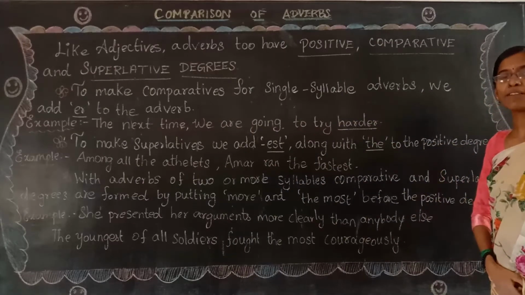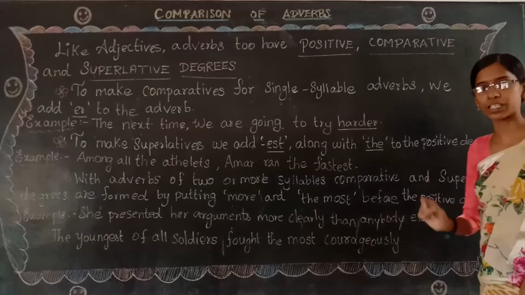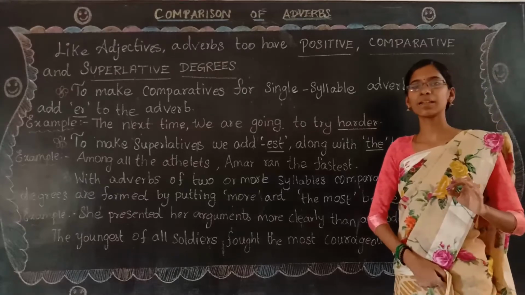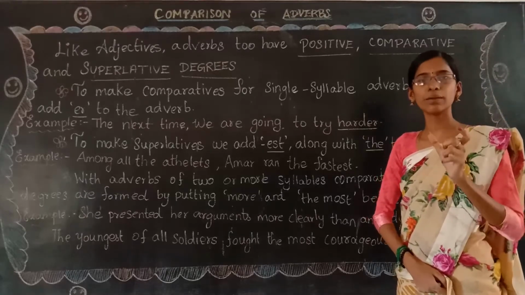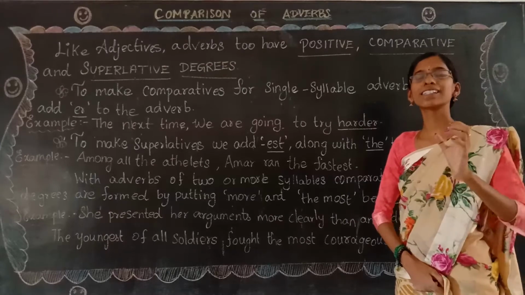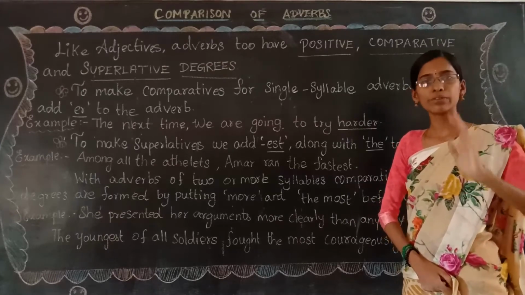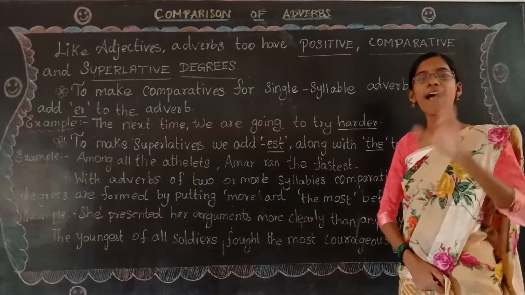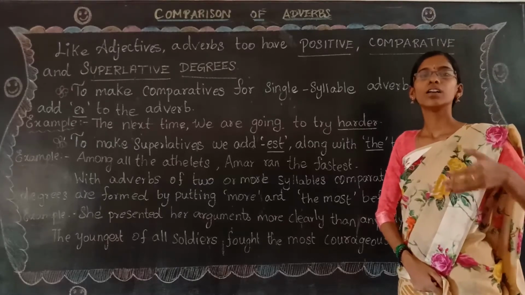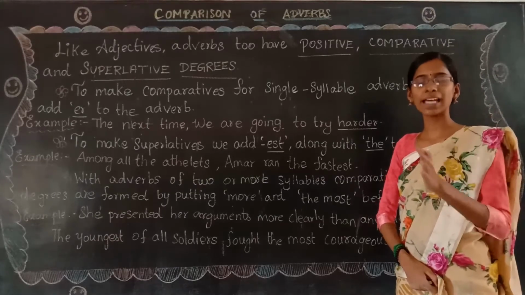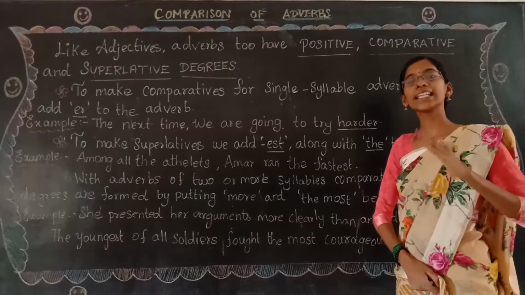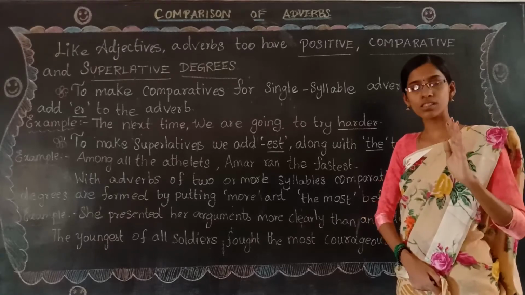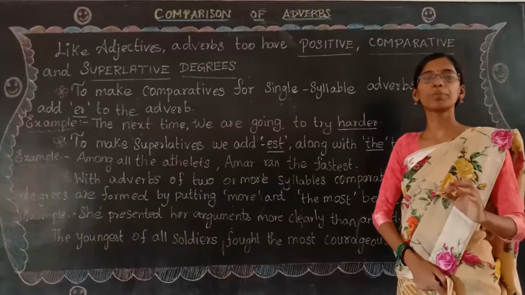The adverb word as it is, is known as the positive degree. When we add ER or more to that, then it is known as the comparative degree. And when we add EST or most, then it is known as the superlative degree.